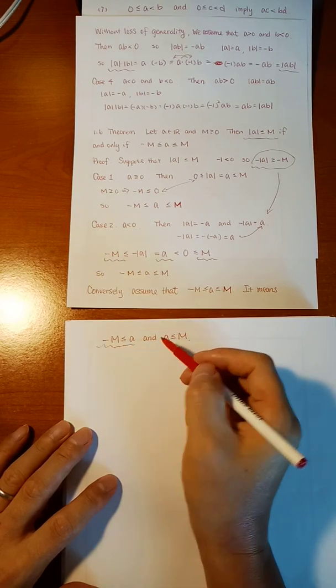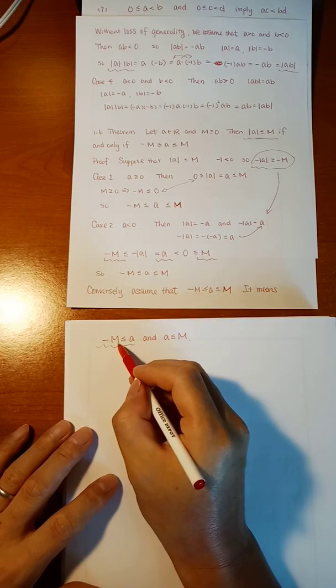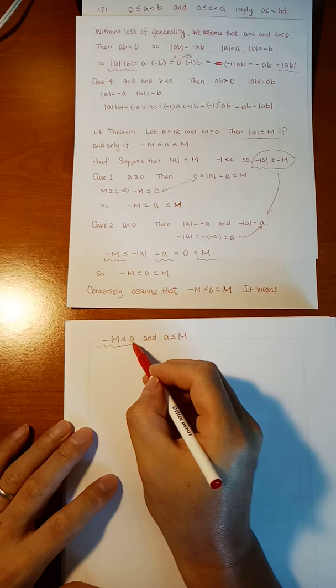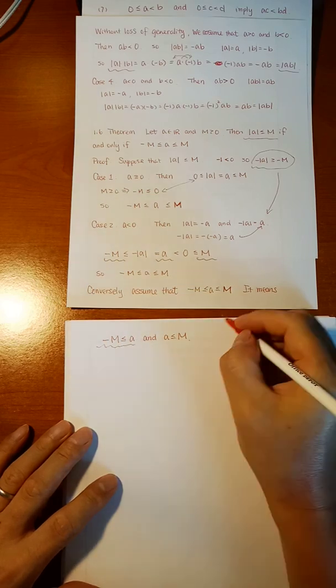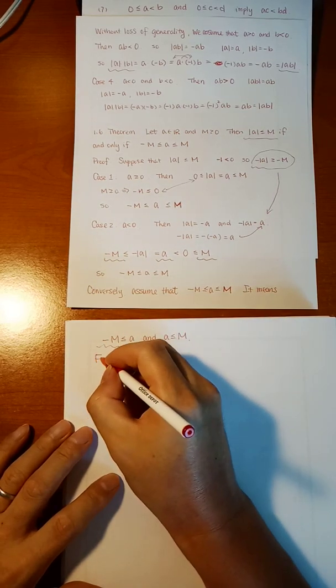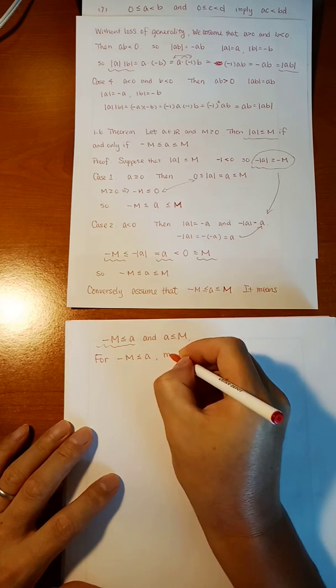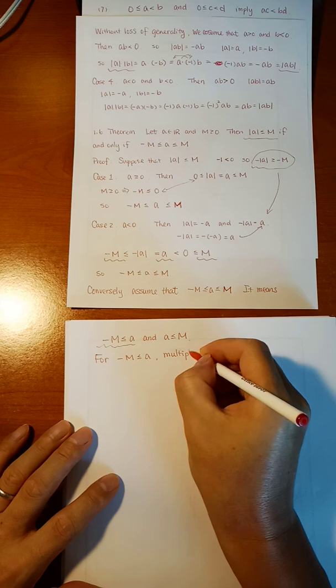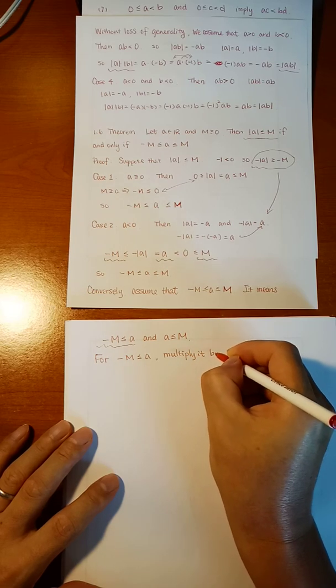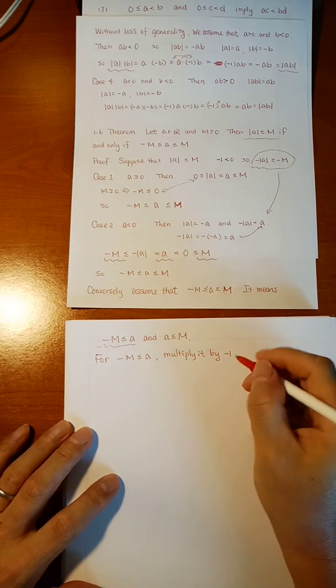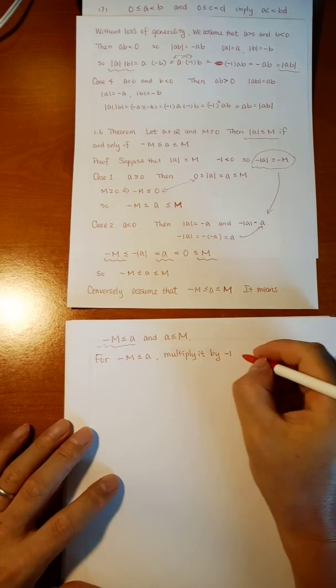Let's check this one. Negative m is less than or equal to a. We multiply by negative 1. Negative 1 is less than 0.